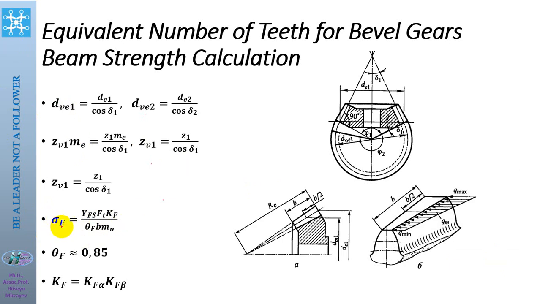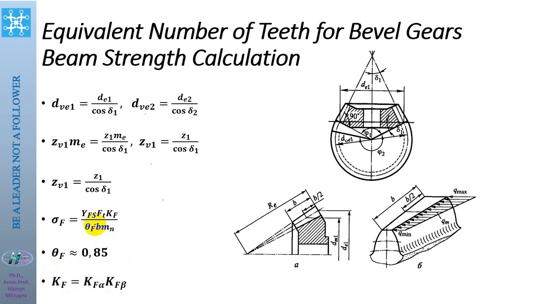We know that F is from the word foot, and YFS is the tooth form factor. Ft is the tangential force acting on the teeth. KF is called the loading factor according to the bending stress. KF is calculated in these forms: KF alpha, KF beta, or sometimes KF gamma.